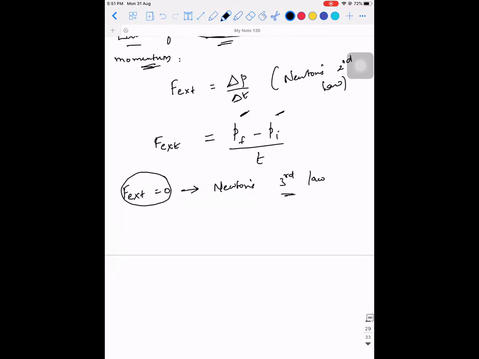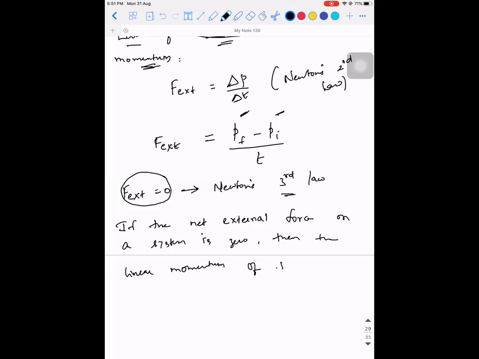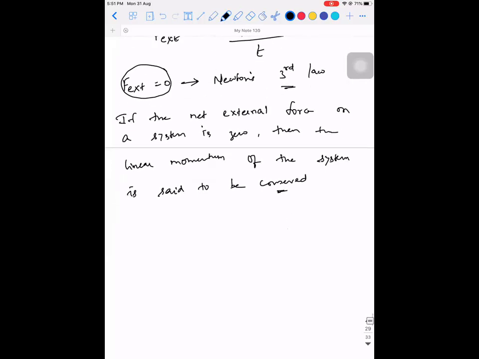So what I'm trying to conclude is, if the net external force on a system is 0, repeating it, the net external force on a system is 0, then the linear momentum of the system is said to be conserved.